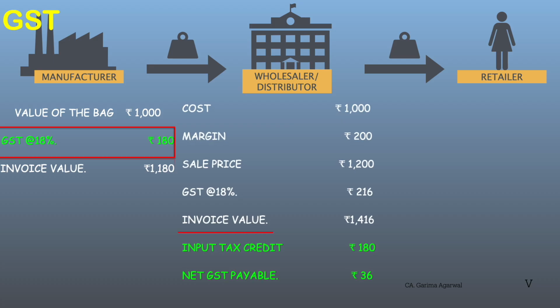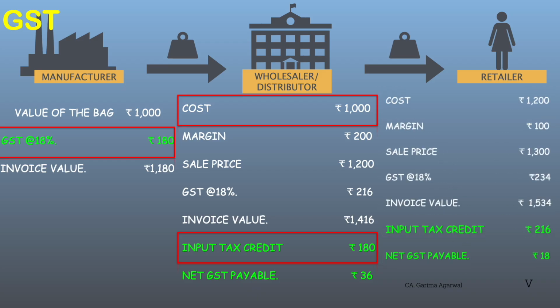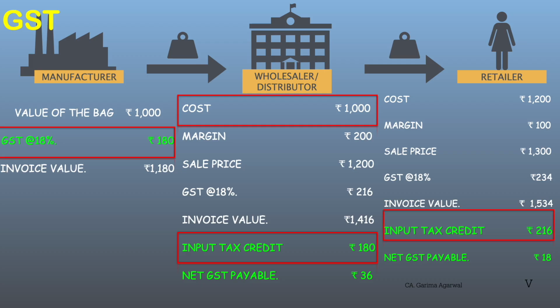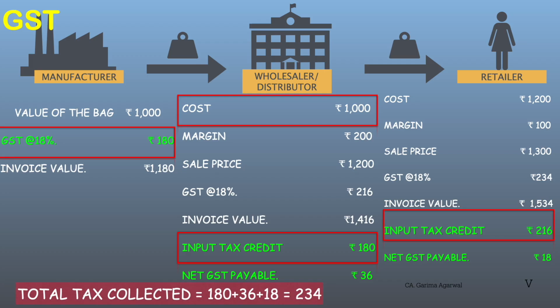Then at the wholesaler stage, the whole of the input GST payable to the manufacturer is available as input tax credit as it's one tax, and similarly at the retailer stage as well. So the total tax cost under GST comes to just 234 rupees, whilst under the old regime the total tax cost comes to 328.78 rupees.